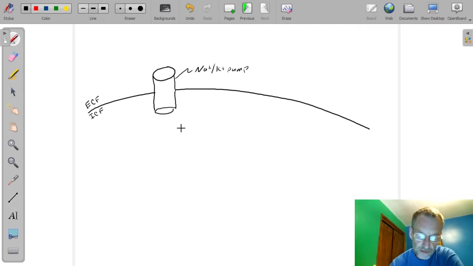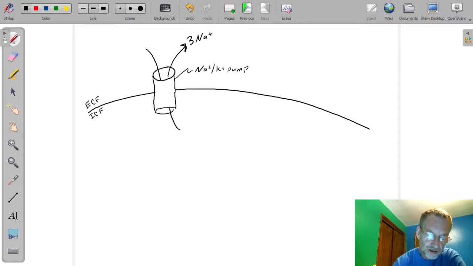So you remember that it is pumping sodium out of the cell, 3 sodium ions each time the pump cycles, and 2 potassium ions are coming into the cell. And that creates a chemical gradient. And we wind up with a much higher concentration of potassium inside the cell.